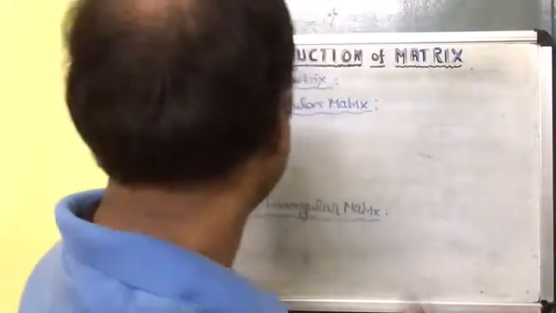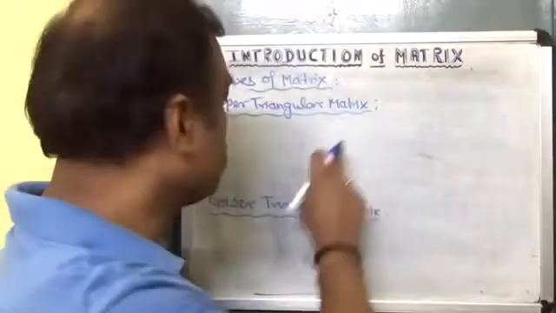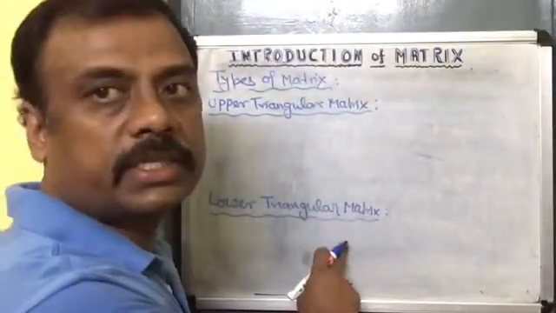Okay, let us go for the next one. Here we will discuss two matrices together: upper triangular matrix and lower triangular matrix.